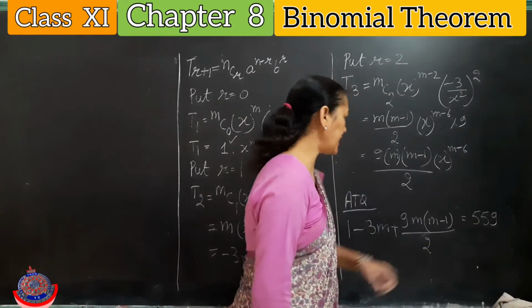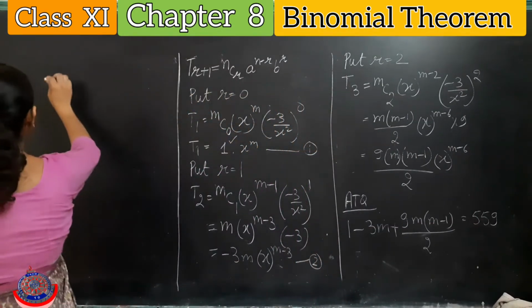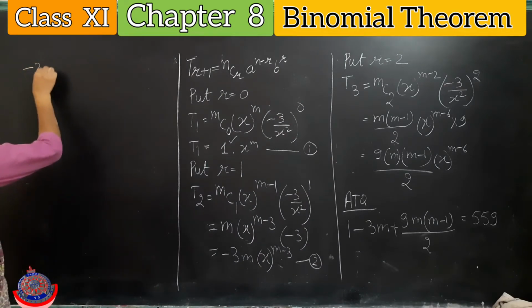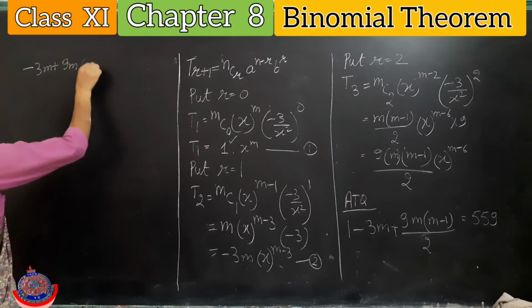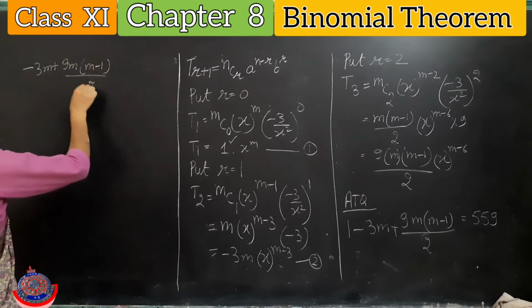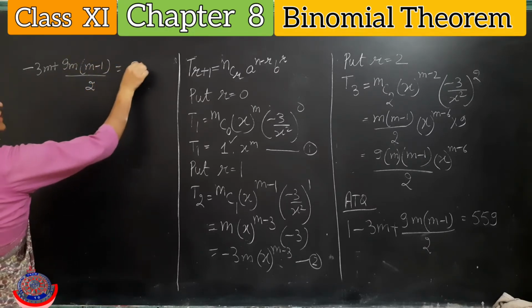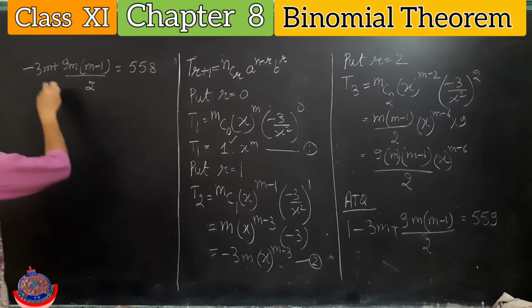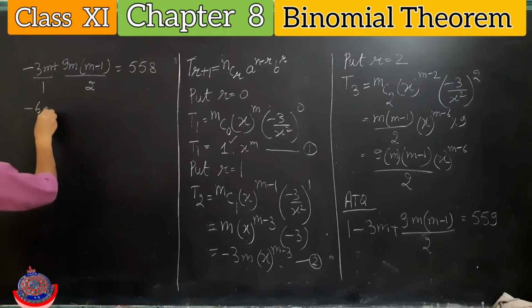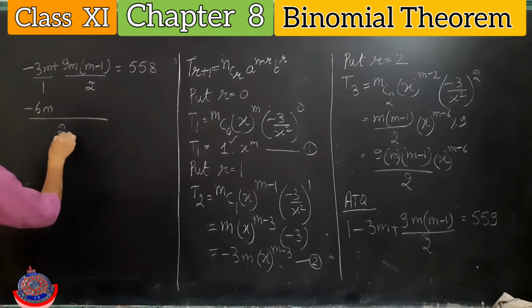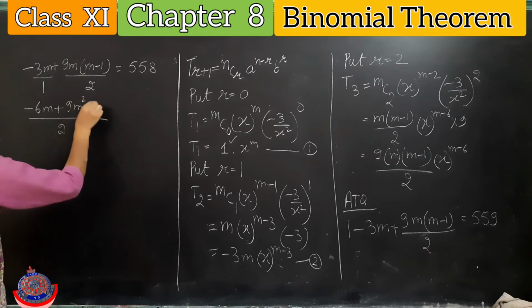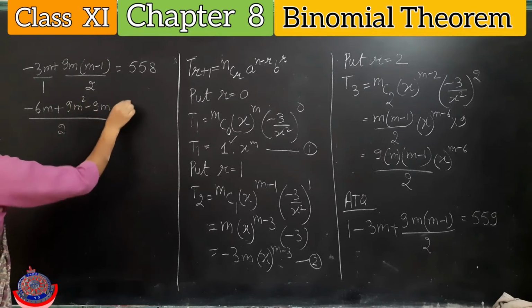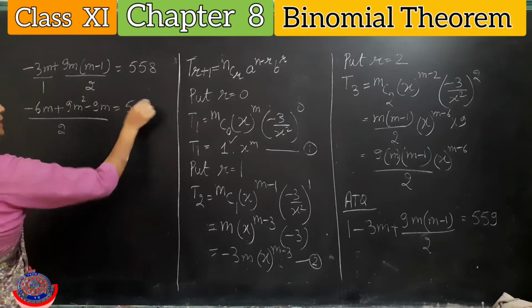1 is shifted to that side and subtracted. So we will have minus 3m plus 9m(m minus 1) upon 2 equals 558. Taking LCM, we will have minus 6m, and opening the bracket, 9m square minus 9m, equals 558 times 2.